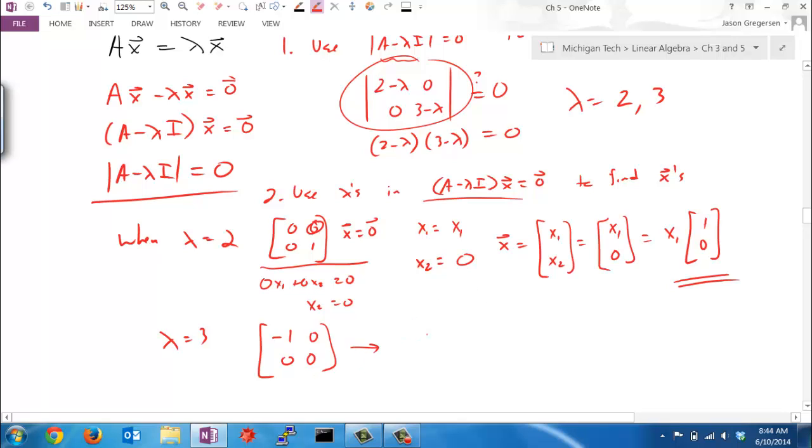When I write this one out, it says, well, let's see, it says negative x1 equals 0, so x1 equals 0. And it looks like x2 is my free variable. So this time my solution is x2 times (0, 1). So this is the other eigenvector. That's the eigenvector associated with lambda equals 3.